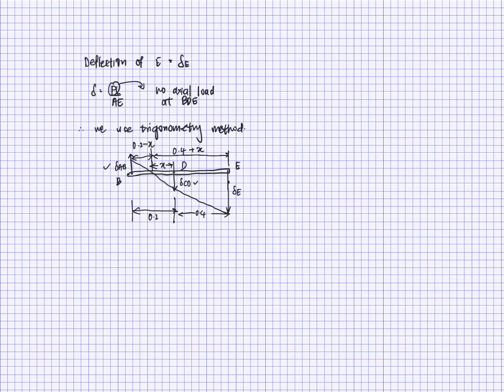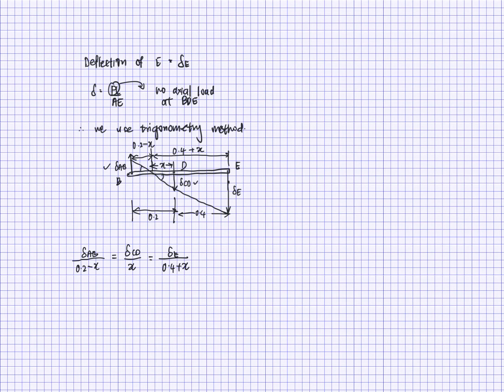So we apply the trigonometry method. We assume that we have a theta here, the same angle. So we have delta AB over 0.2 minus x equal to delta CD over x, and is also equal to delta E over 0.4 plus x.